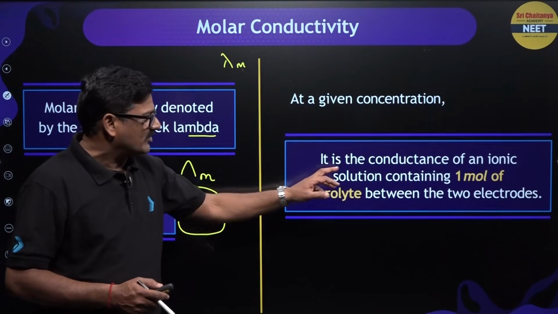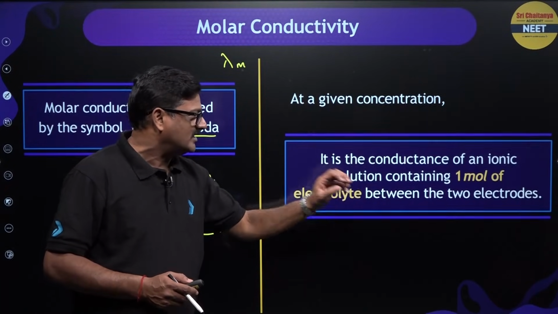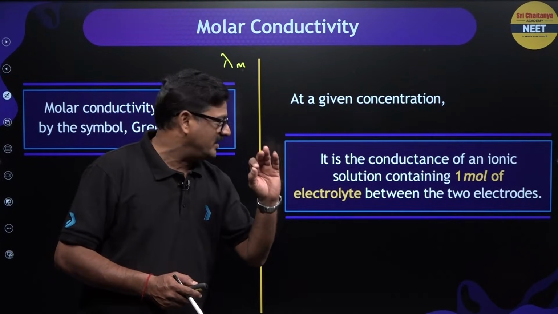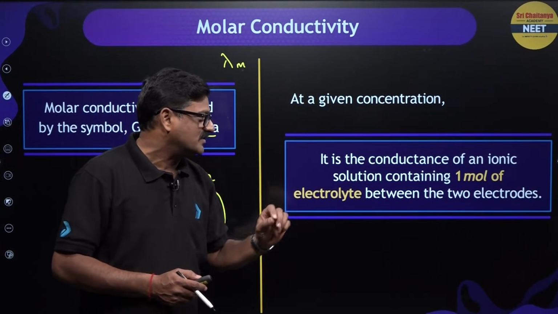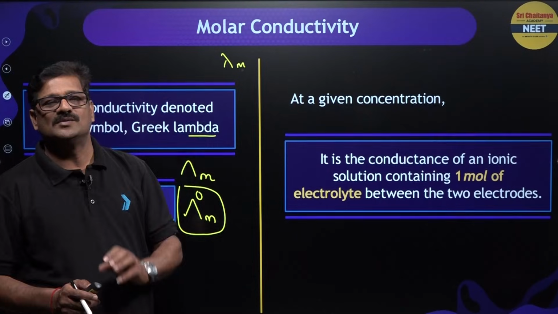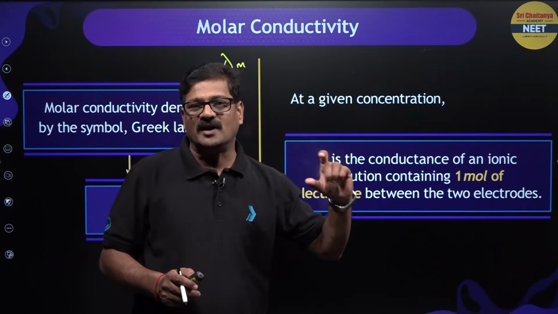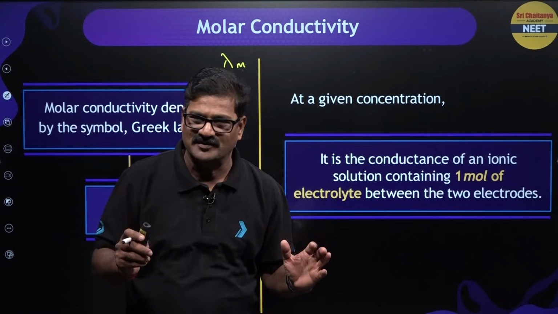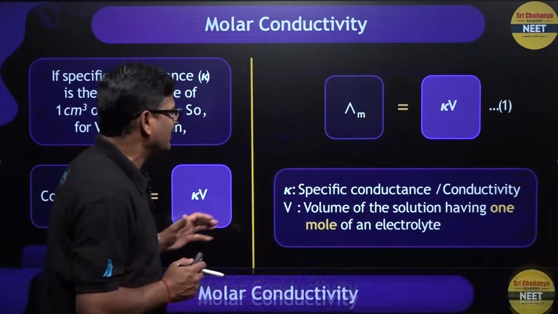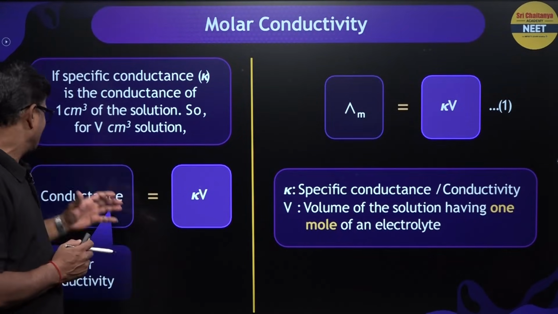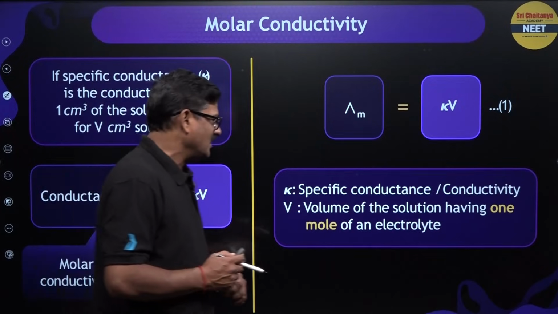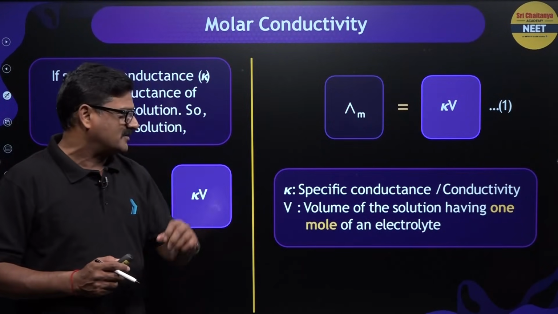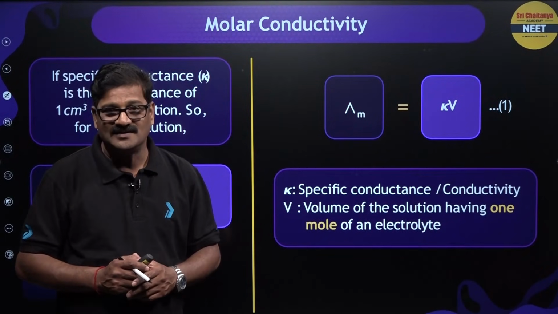So it is the conductance of an ionic solution containing 1 mole per liter of electrolyte between 2 electrodes. So when the molarity is 1 mole per liter, you can call that conductivity the molar conductivity. Are you getting or not? It is simply calculated like this. Conductance is equal to Kv, and V is the volume of the solution having 1 mole of the electrolyte.